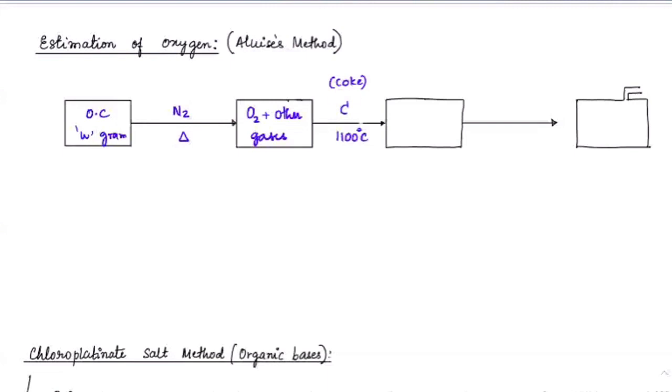We heat that coke so strongly that it becomes red hot coke. Once you react with that red hot coke, this carbon will get oxidized by reacting with oxygen, and it will become CO gas.